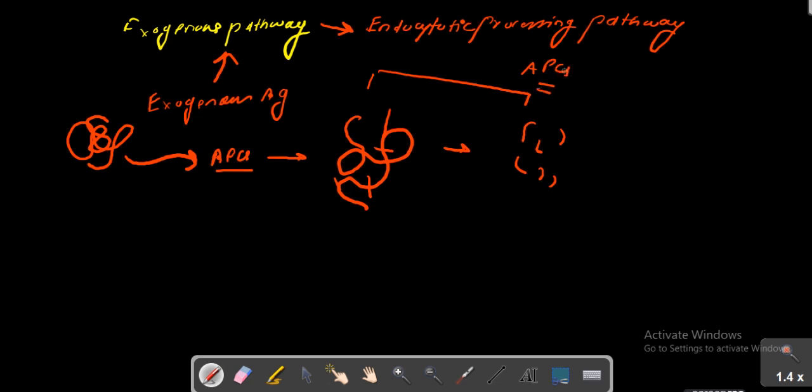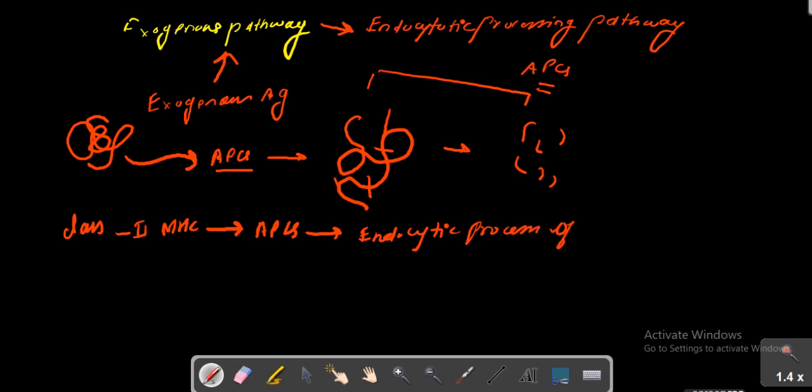Okay, so here we have class 2 MHC, and it is expressed on the APCs, and there is endocytic processing of antigen inside these cells.